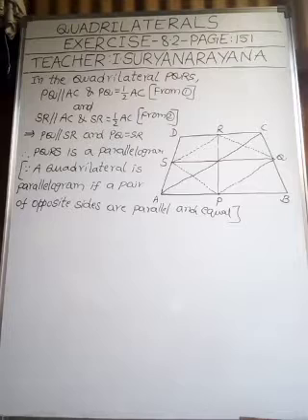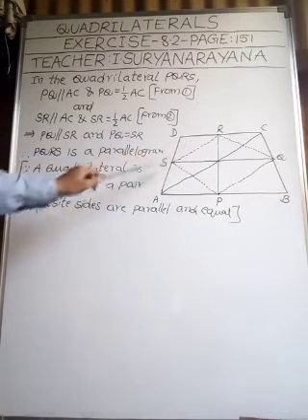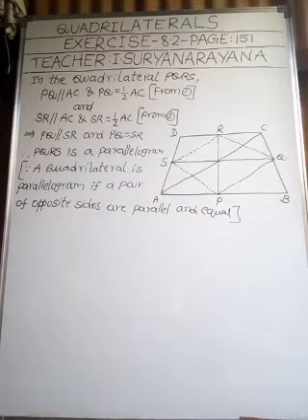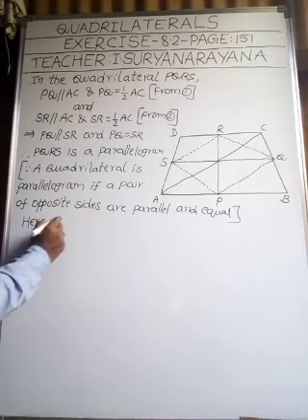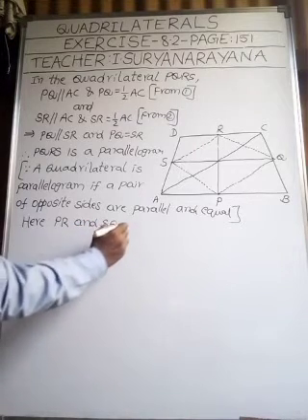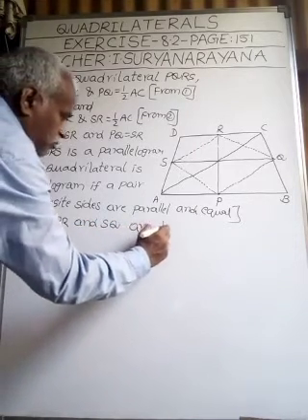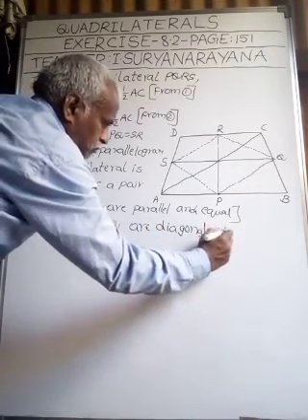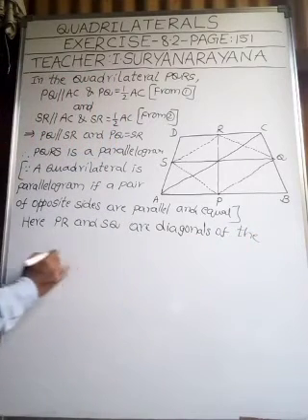Okay, my children. So with respect to this quadrilateral PQRS, PR and SQ are diagonals. Isn't it or not, my children? They are diagonals of the parallelogram.